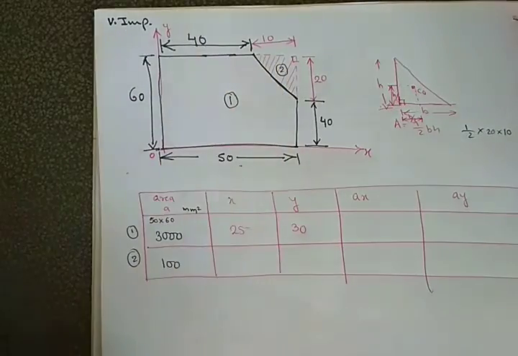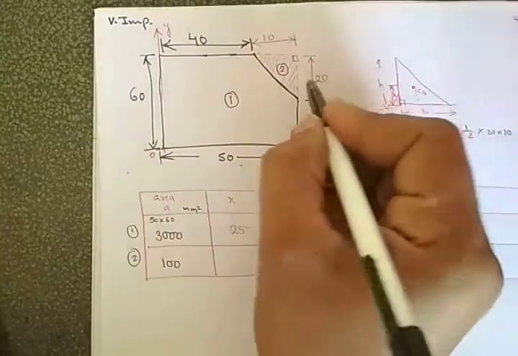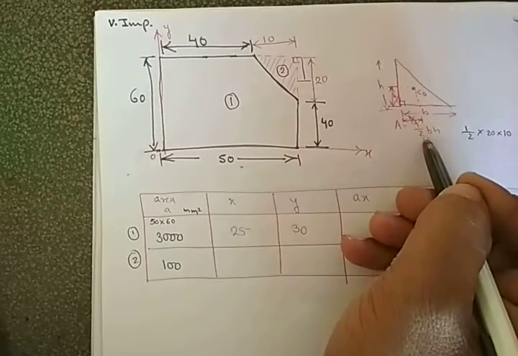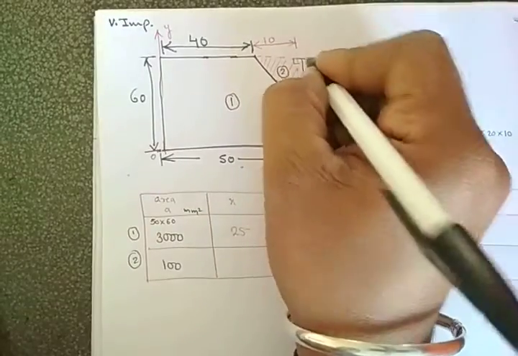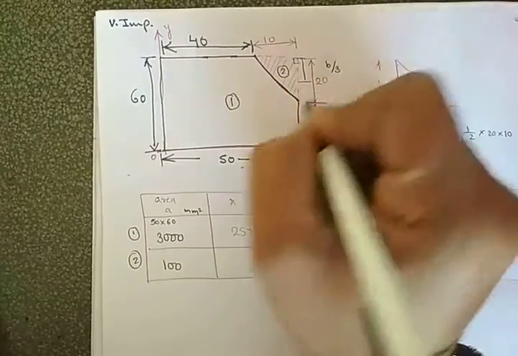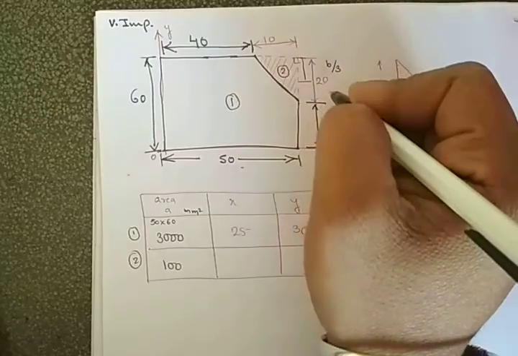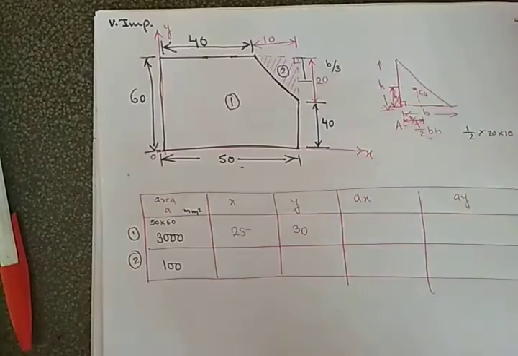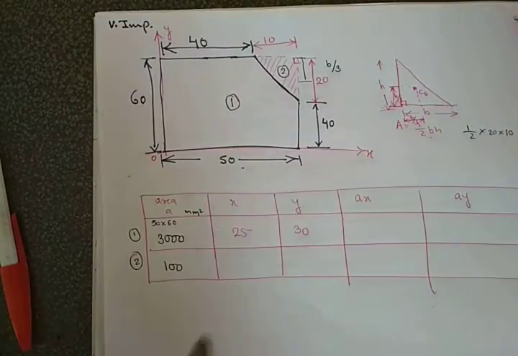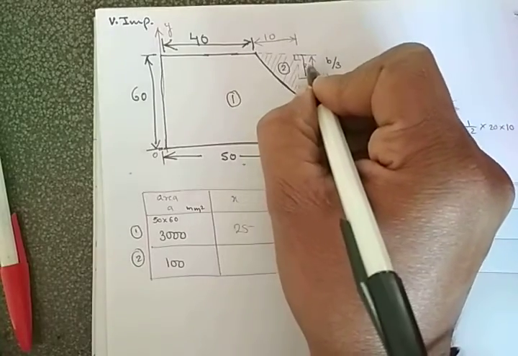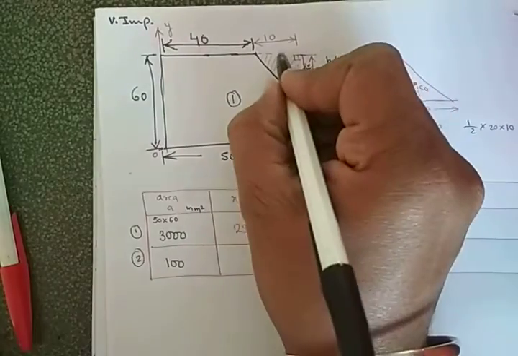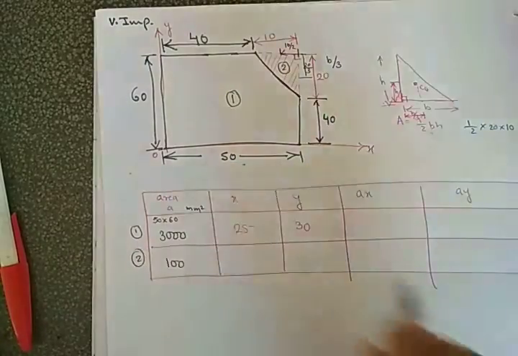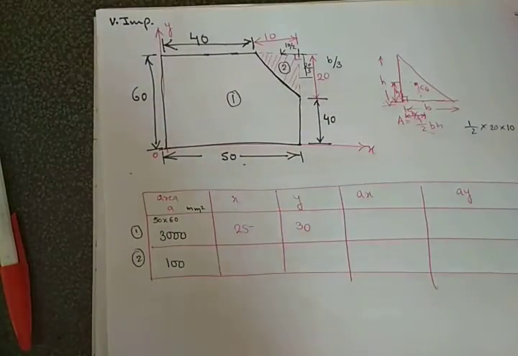Now for the second figure, the triangle, we have to identify first what is b by 3. B by 3 is 20 divided by 3, and from here to here it is 10 divided by 3.